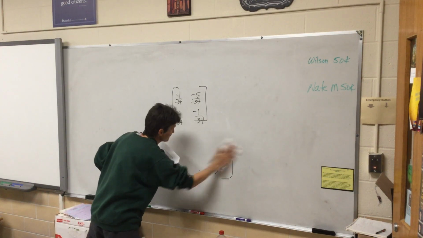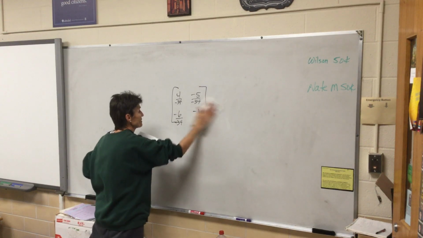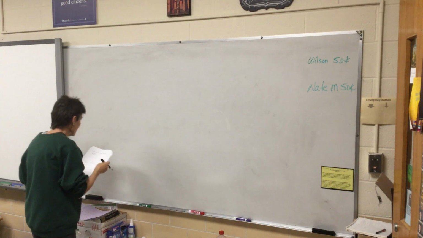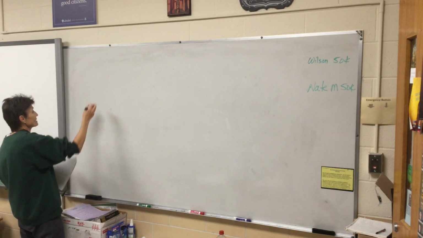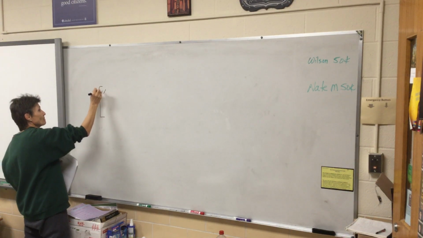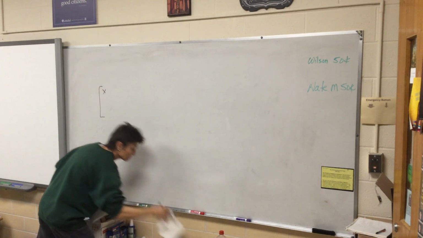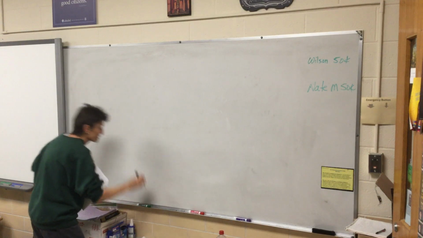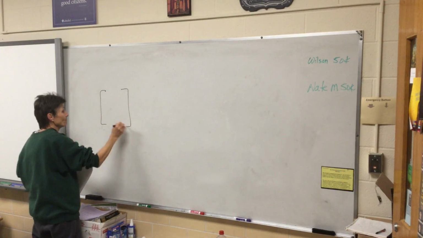So the first step's going to be the same. First thing we're going to do is find the inverse, just like we just did. What we need to remember is that when you're using the inverse method, I'll just write it all out, even though you won't necessarily have to do this every time.